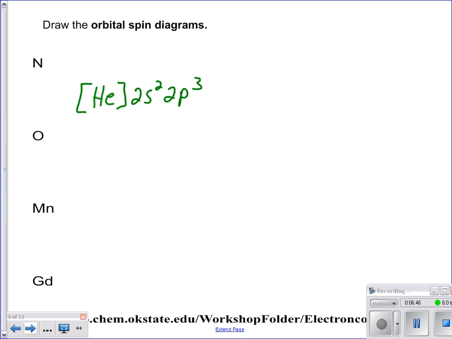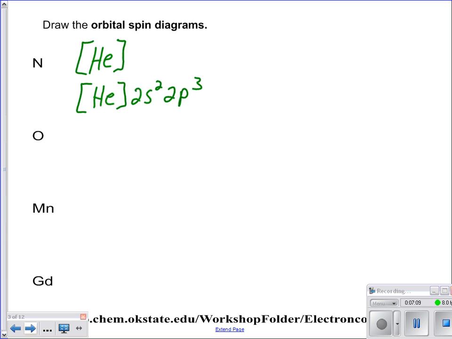Now, when you guys are writing this down, if you want to think about spacing, I'm going to have 2 things written for each of these. Now I'm going to put my orbital spin diagrams on top of that, so I'll always have my electron configuration below that. For this, the rule tells us we do our most recent noble gas, and then we show our orbital spin diagrams for everything since then.